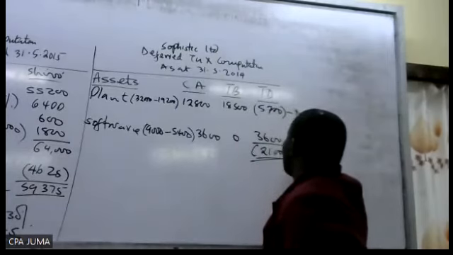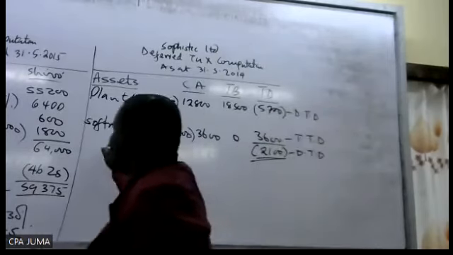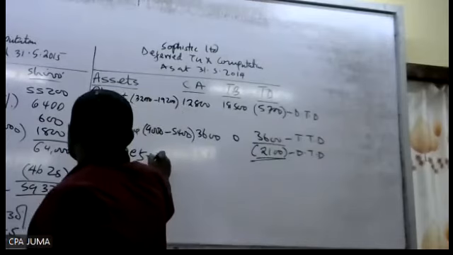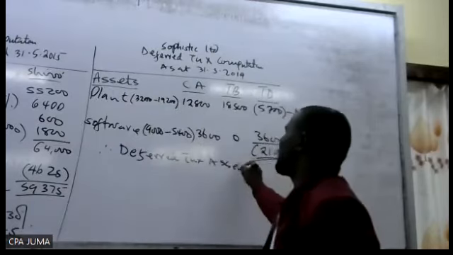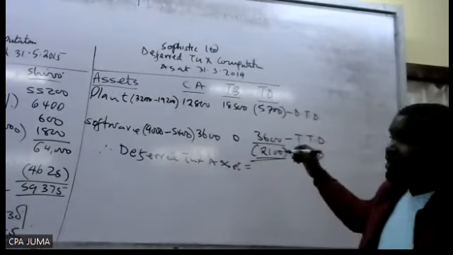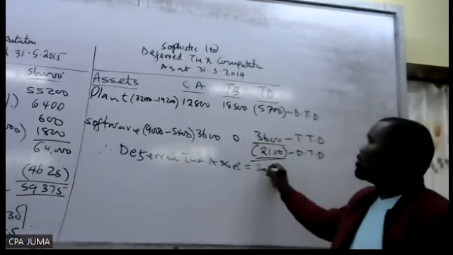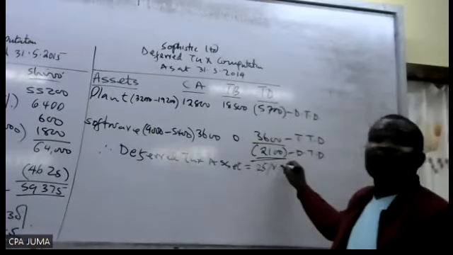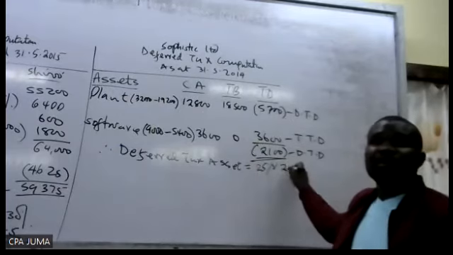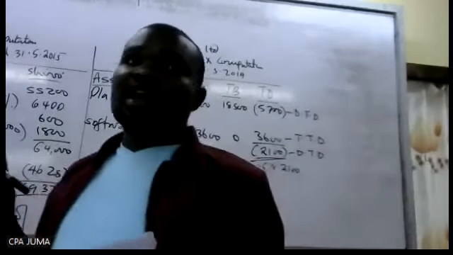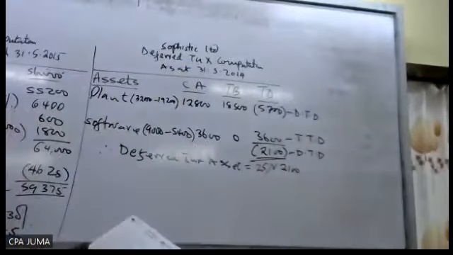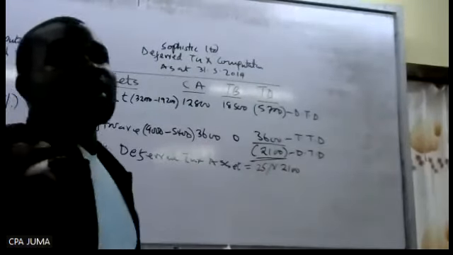That is deductible. Therefore, deferred tax asset, negative will be an asset. At what rate? 25. In 2014, when they calculated their current tax, they used 25. The tax rate in 2014 was 25.